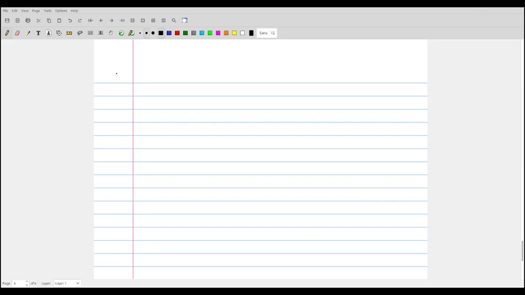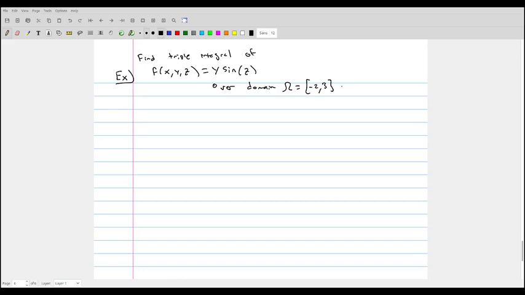We'll do the triple integral of the function, we'll just take a relatively simple function, y times sine of z, over the domain, which is a rectangular domain: z from 0 to pi over 6, x from -2 to 3, y from 0 to 1.